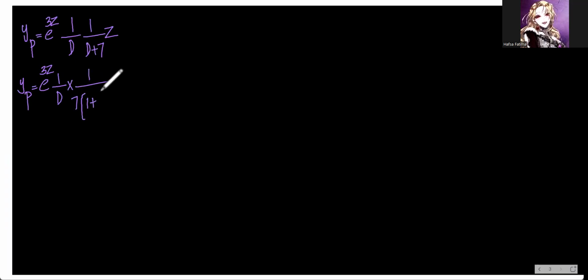It becomes 1 plus d by 7 into z. Now bring it to the numerator: yp is equals to e power 3z by 7 into 1 by d into, if you bring it to the numerator, 1 plus d by 7.